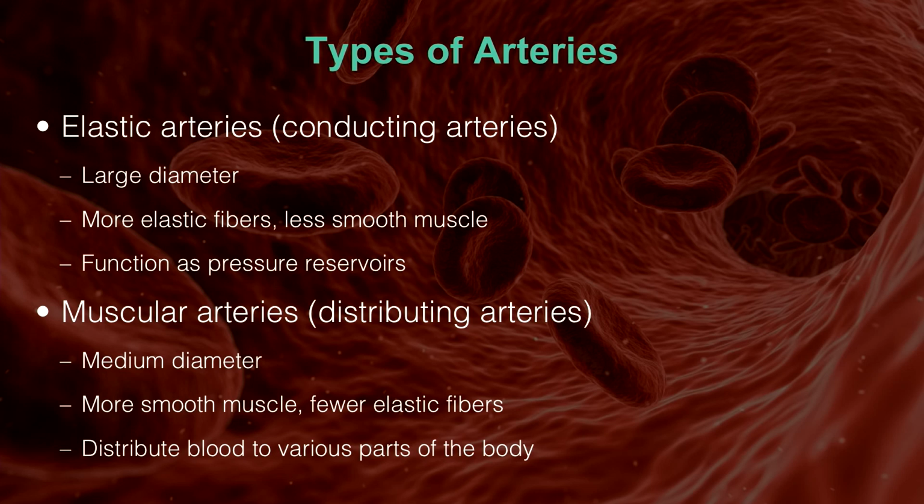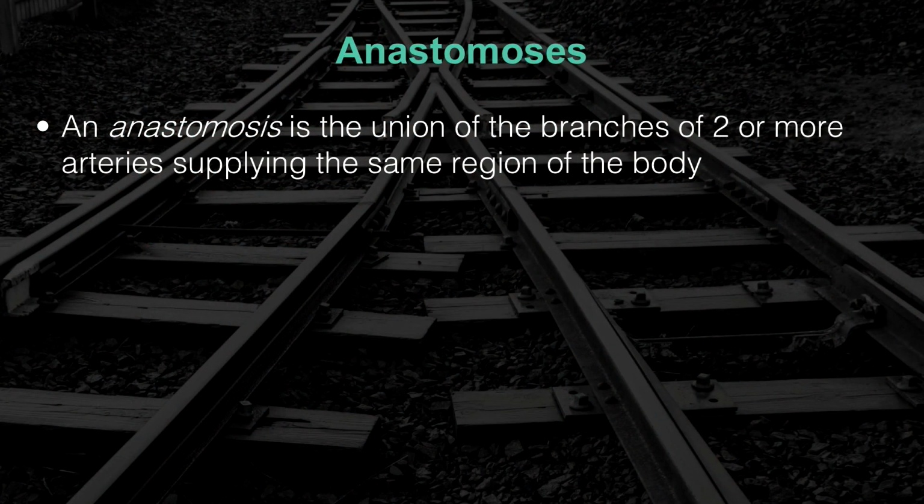Now, most arteries will branch until they reach capillaries. In some cases, though, and you see this more on the venous side, you will observe arteries that merge. And that merging is called an anastomosis.